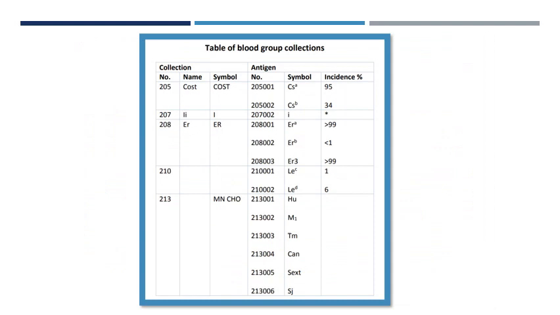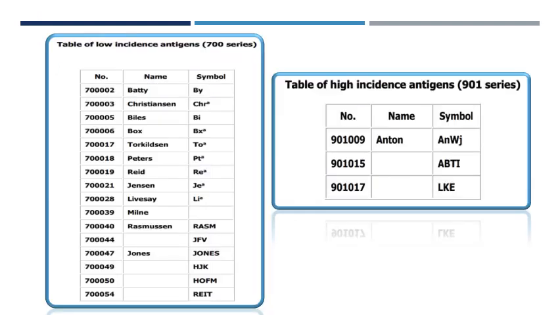This table is for an example for collections. So as you can see, for collection, it is in 200 series. Next example, this table is for the low incidence antigens or 700 series.